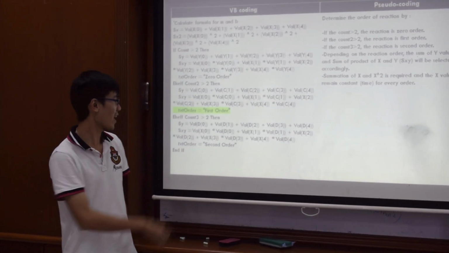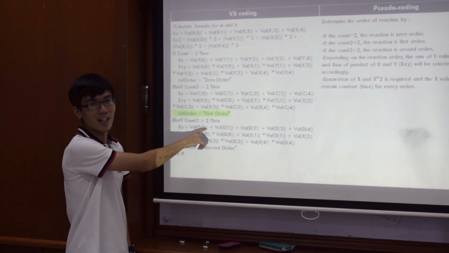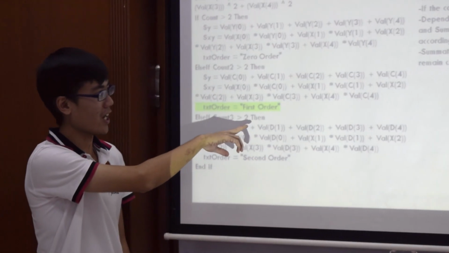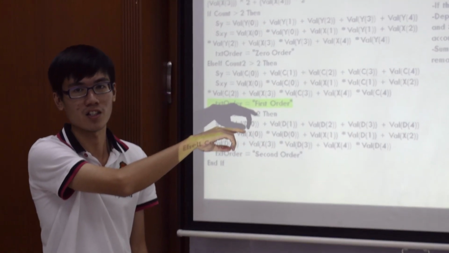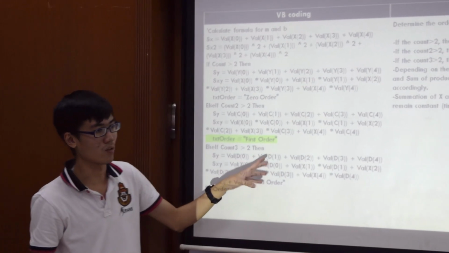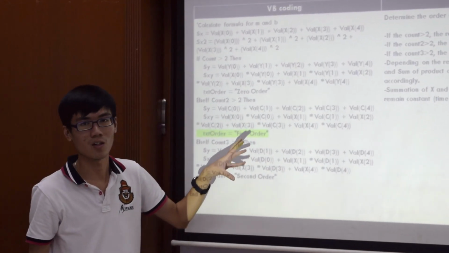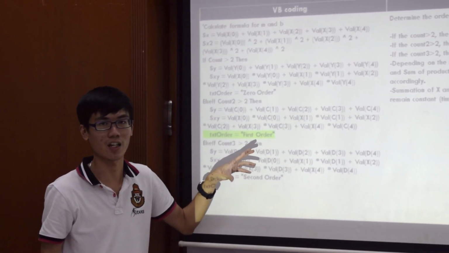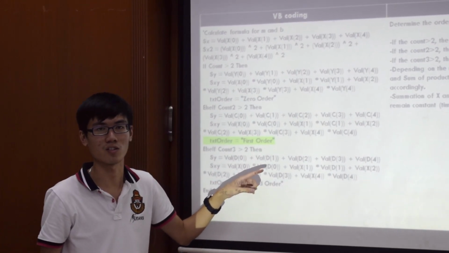So, else if count 3 is bigger than 2, which means there are more than 2 gradients within the range of the reference gradient, then the value of the y-axis will depend on the value of the second order, which is 1 over concentration.